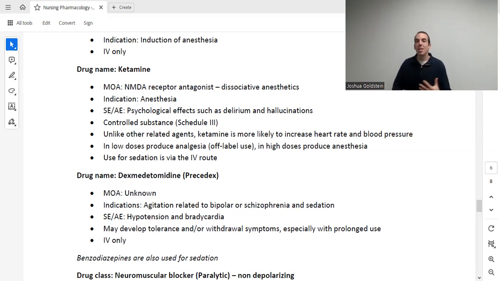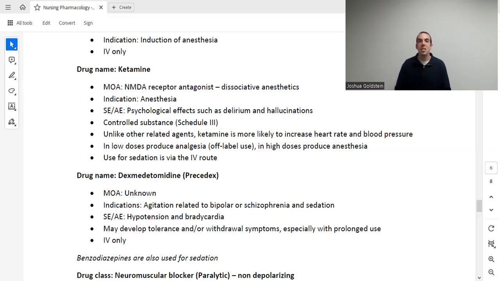They don't process anymore what's going on in their body, which in the case of pain is generally what we're going for. This is a controlled substance. It's a Schedule 3, so this is higher than the benzos and barbiturates that we talked about in this lecture, because this is stronger, more potent, and it has a more powerful mechanism of action.